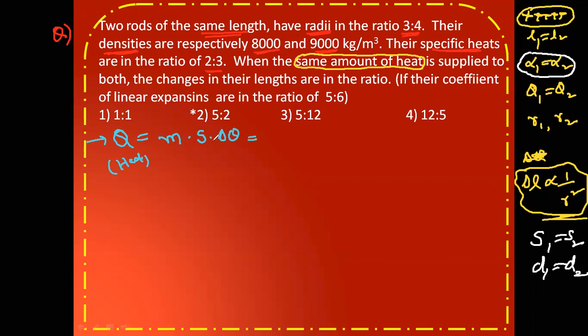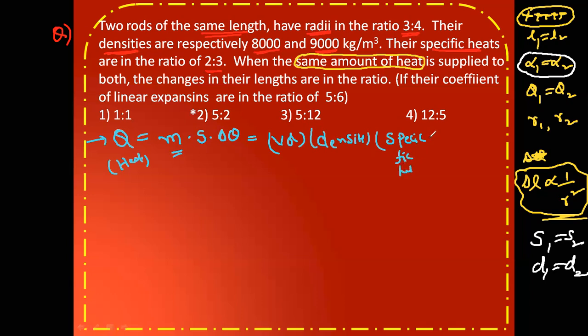How to write the mass? Mass I can take as volume multiplied with the density, multiplied with S. S means what? That is the specific heat.